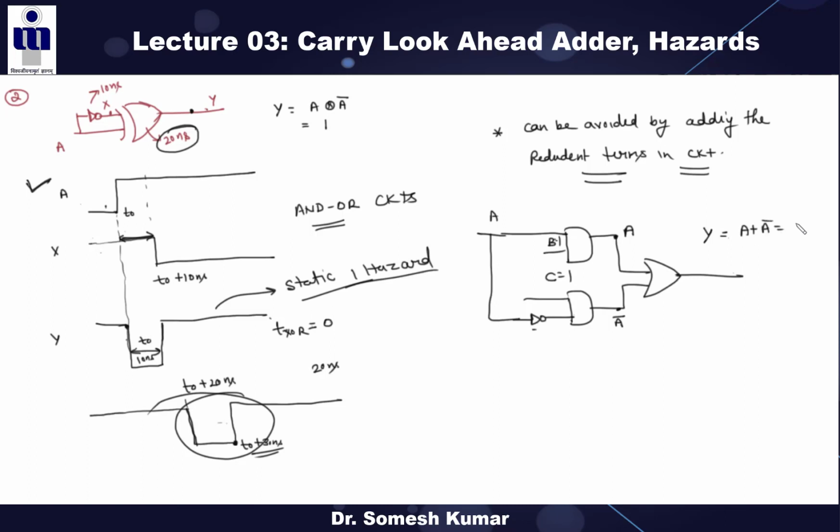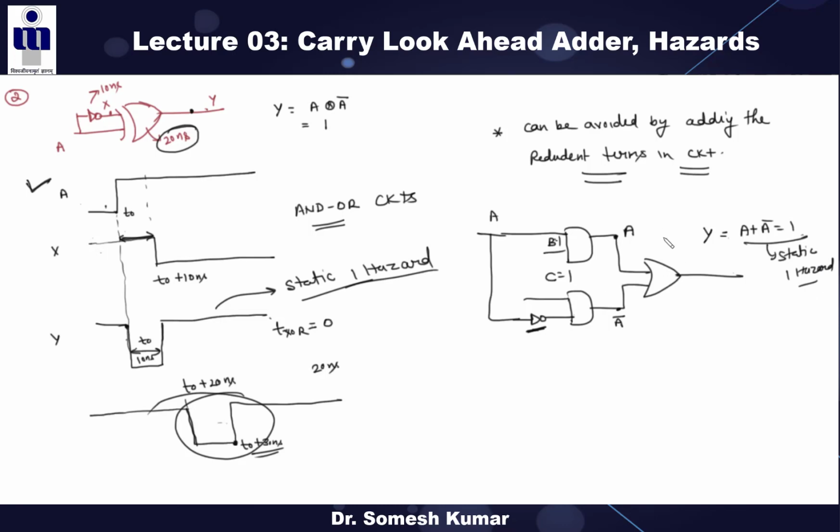But you will get the static 1, or there must be some hazards. There must be hazards if these have different delays, right? That is called basically your static 1 hazard, right? Clear? Now it is clear, right? So in this circuit there are some hazards, right?